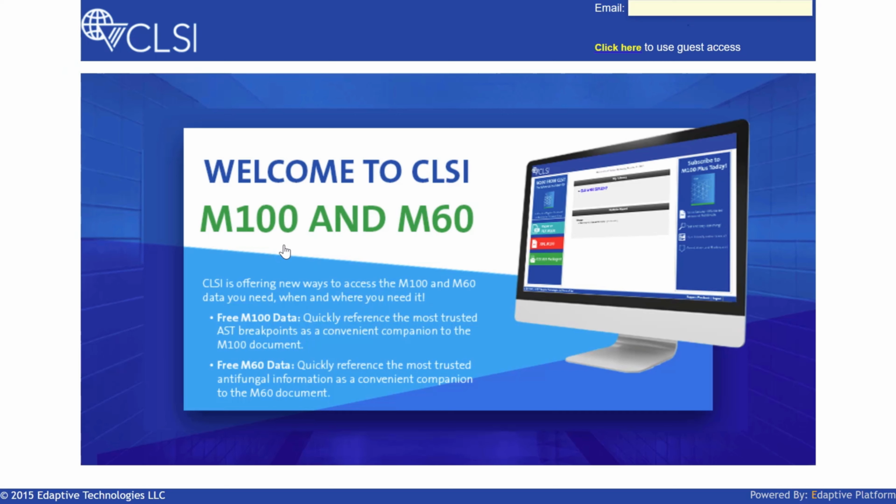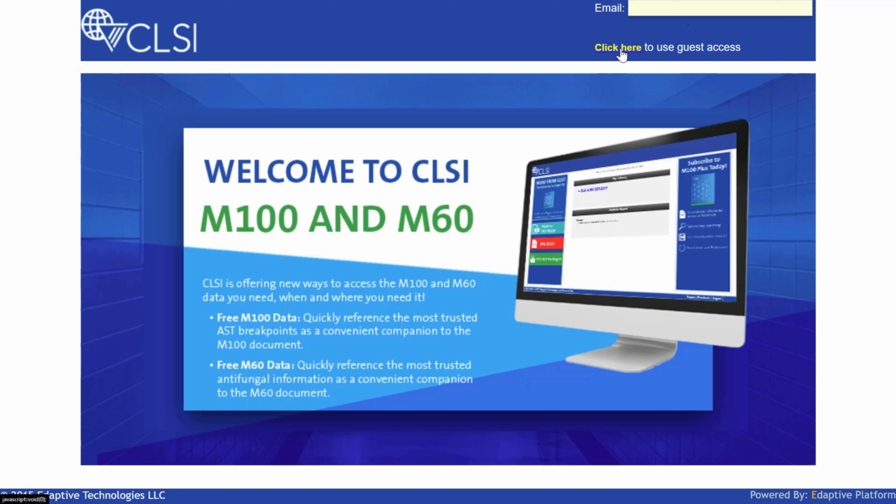If you click the link, you will go to CLSI's website where they host the M100 document. The M100 document is the one that has interpretive criteria for all antibiotics. So it doesn't have antifungals or antivirals. It's specifically gram positive and gram negative organisms.